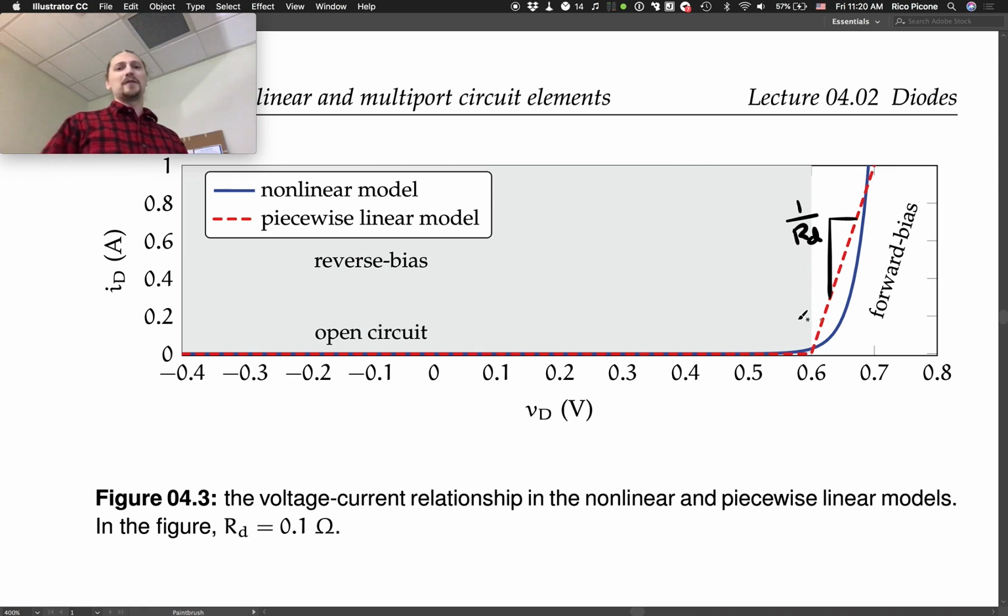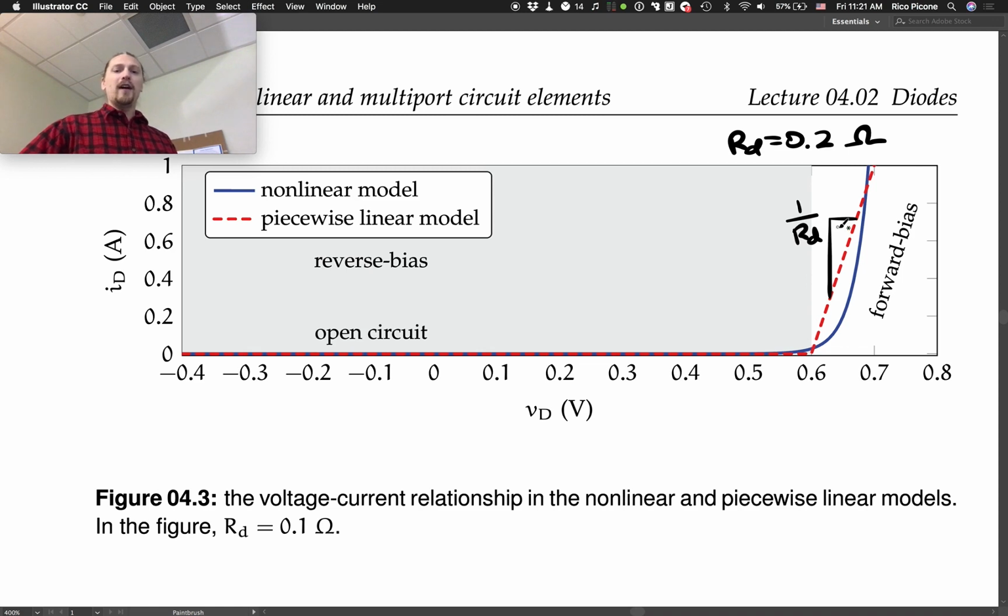Okay, so we've got to choose something if we're going to use this piecewise linear model. And a common thing to do is to choose a sort of intermediate value when you don't have a great value to go with, because they're kind of all over the place. So if we chose RD is equal to about 0.2 ohms, then if you took the reciprocal of that, so this is 2/10, so this would be like 5, right?